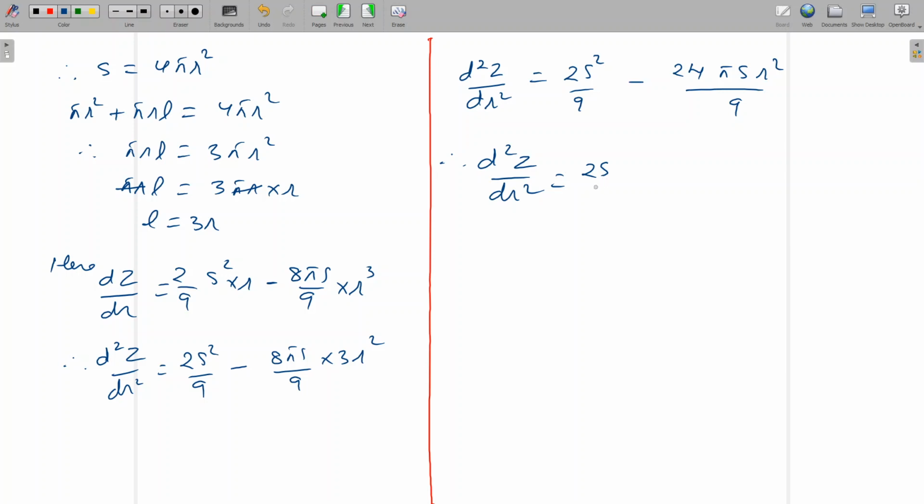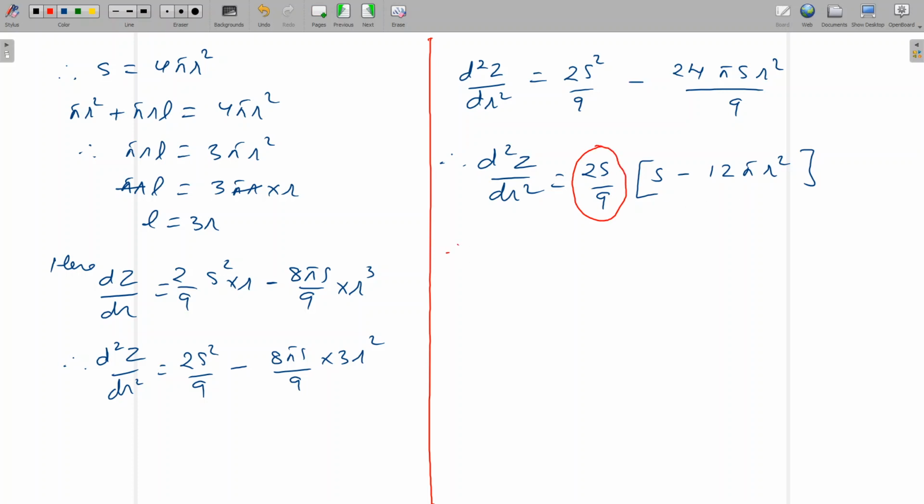So 2s by 9, here what will remain is s minus, from here we have taken 2s, so this will become 12 pi r square. So now putting the value of s in this, because the first part is already positive, because we know that surface area is always positive, only we have to check the second part.